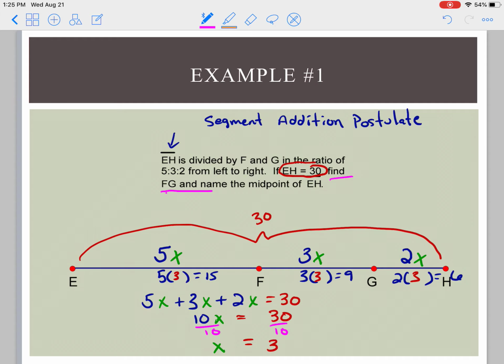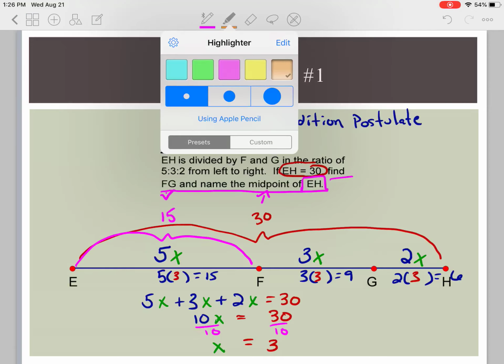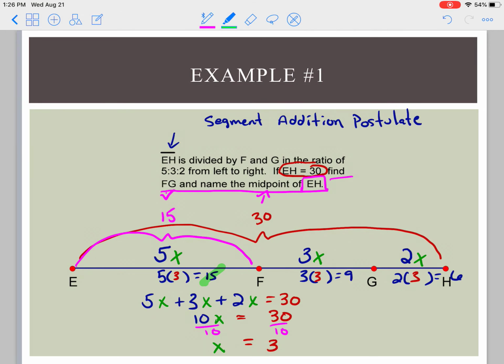A midpoint is the middle point of a segment. Well, my segment is EH, and the middle point means it's going to divide that segment into 2 equal parts. Well, this part of the segment we already determined is 15. That's this value here, 15.